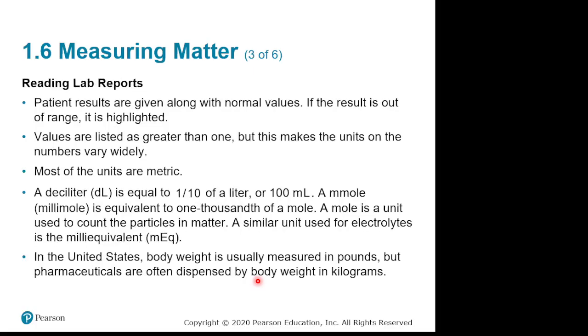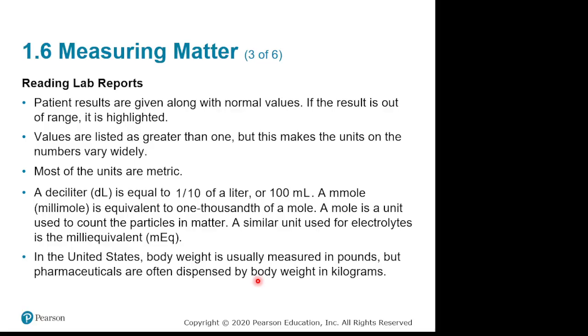So let's talk about something more real, okay? Something you'd see in a hospital. Reading patient lab reports. You've all probably gotten your lab reports back from going to your physical or whatever. Your patient results are going to be given along with normal values. If the result is out of the range, it's typically going to be highlighted in some sort of color, okay?